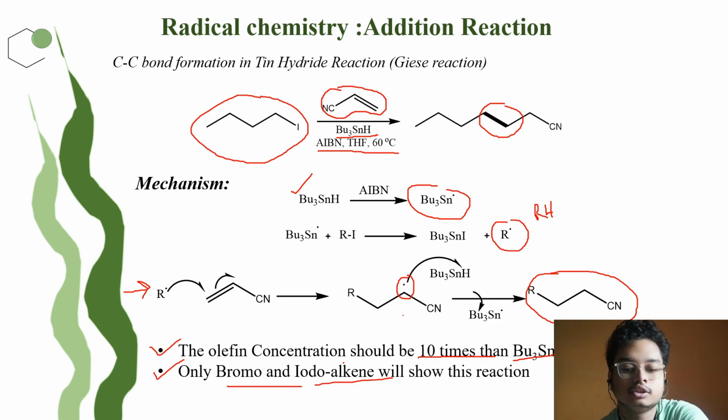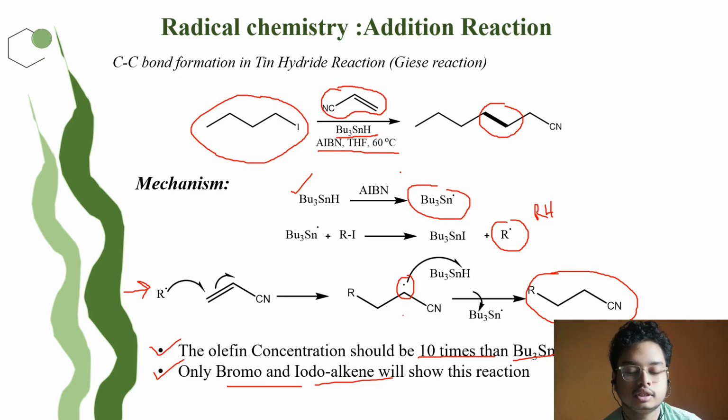Okay. In organic synthesis, people are actually looking for sustainable synthesis or greener protocols. Now here in this reaction, tin hydride has been used, and all the metals used in these reactions are fairly toxic.